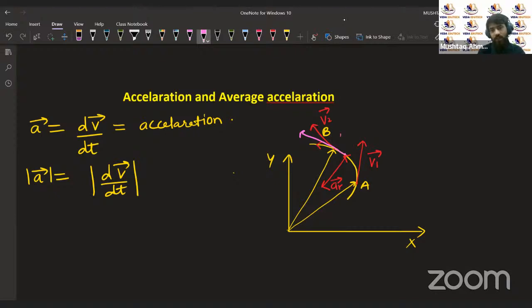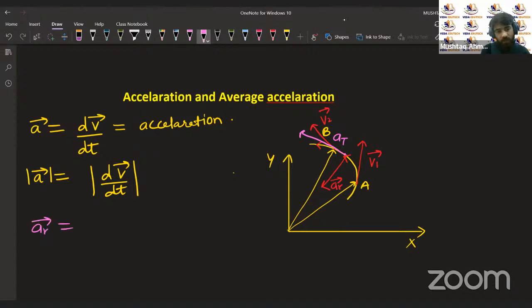So in general there are two components of the acceleration. One component can change the direction of this velocity, another component can change the speed of this velocity, right? One is the tangential and another is the radial component, right? So what does this AR do?